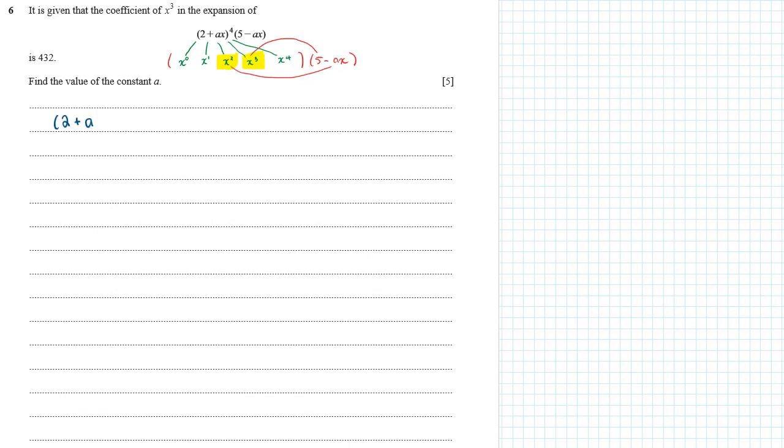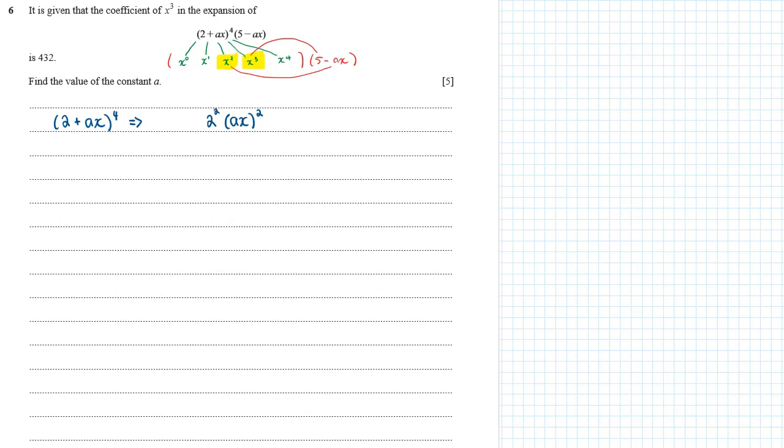When we start our expansion, we're saying, well, okay, I want the x squared term, which means the ax is going to be squared. Now, if I work my way backwards, the other term in the brackets is 2. It has to be raised to the power of 2 as well, because the two powers have to add up to the 4. And so 2 plus 2 is 4. So it's raised to the power of 2.